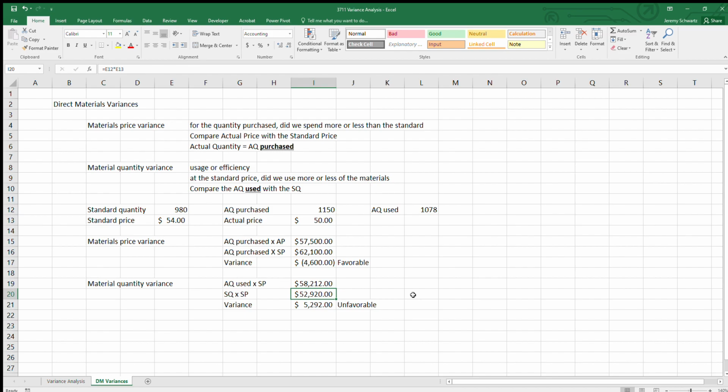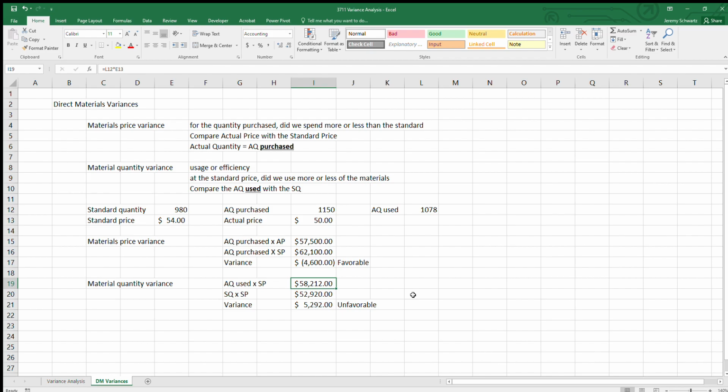But anytime that you're evaluating, you want to be cognizant that just because something looks good in one area, looking good meaning we spent less than what we anticipated with the material price variance, we have to see what the unintended consequence is. And so indeed, if we bought inferior material, well, why would I say that?